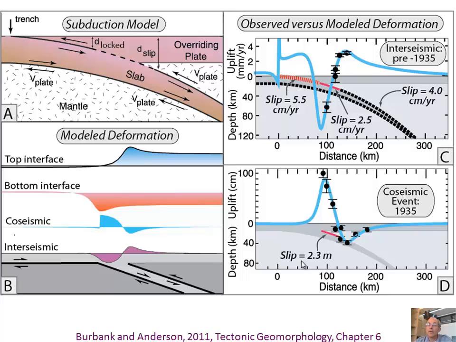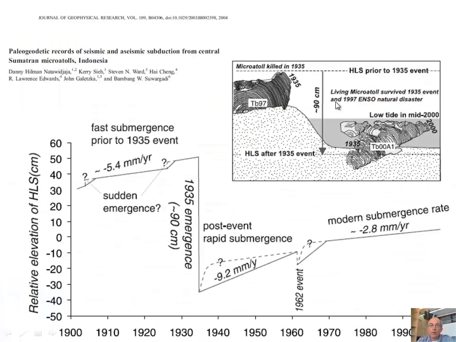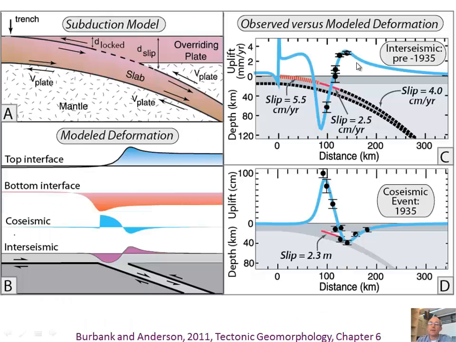So here's what they did. If you remember from our discussion of Coulomb, I've shown the case of one coral, from one place, but if we have multiple corals that are distributed, especially in the direction down dip, they will sense different magnitudes of uplift and subsidence depending on where they are.